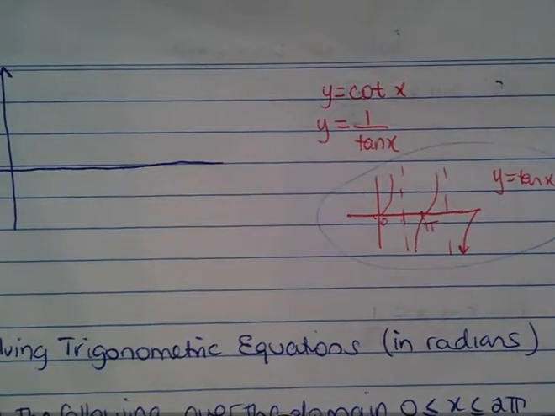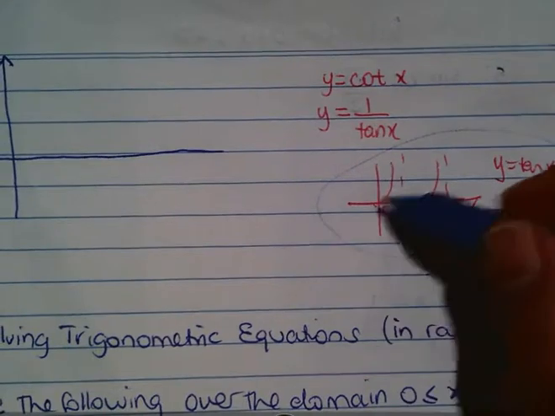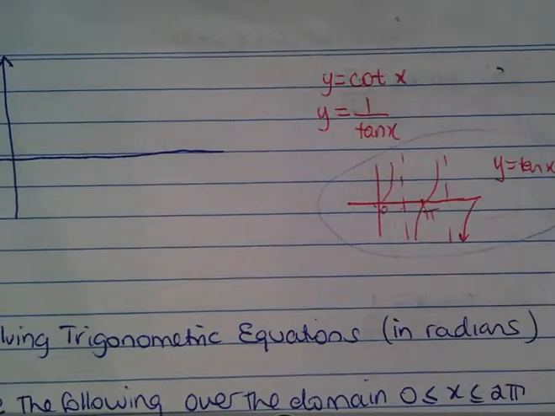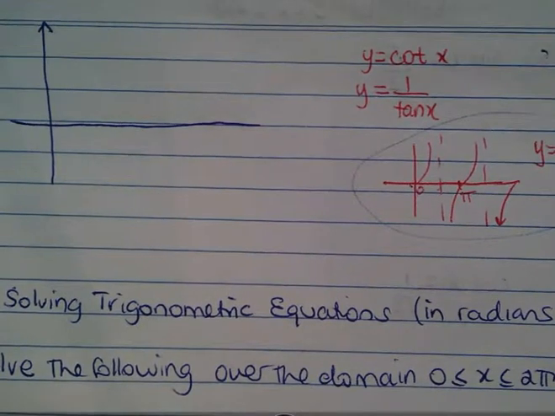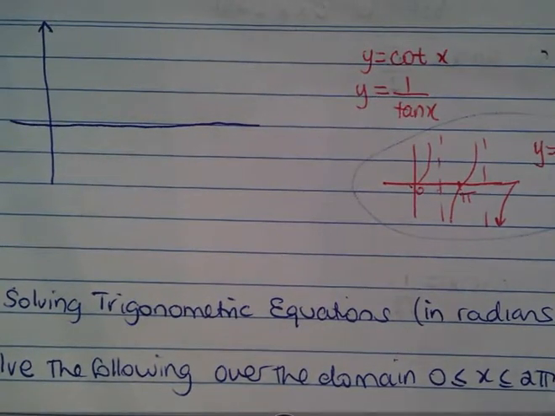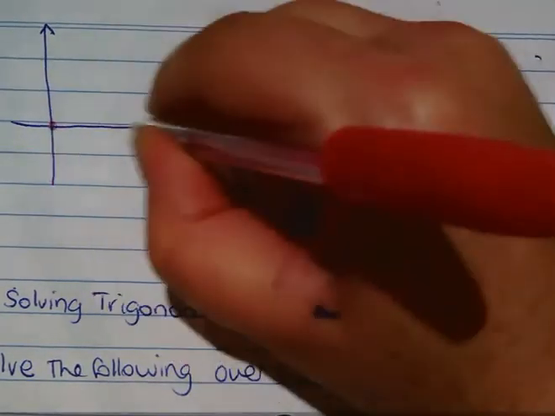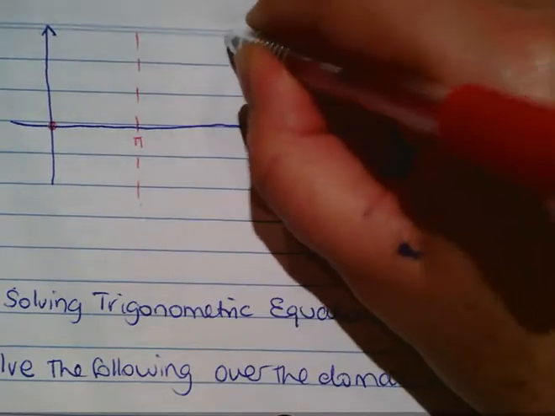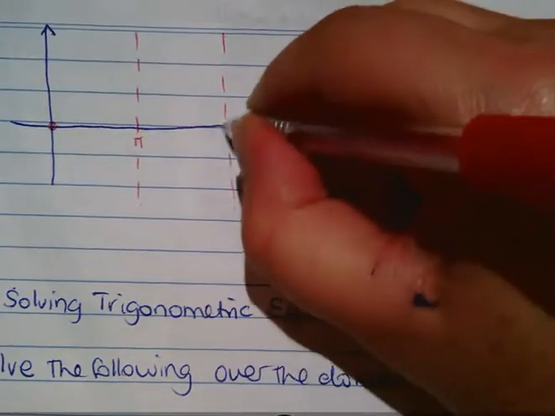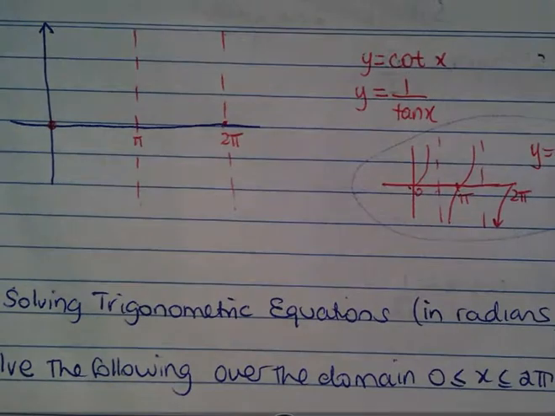And where the tan curve is 0 is where your cot curve is undefined, because 1 divided by 0 is undefined. Now the tan curve is 0 at 0, pi, and 2 pi. So at 0 and pi, that's where I have undefined values.